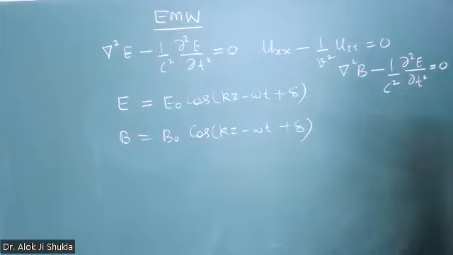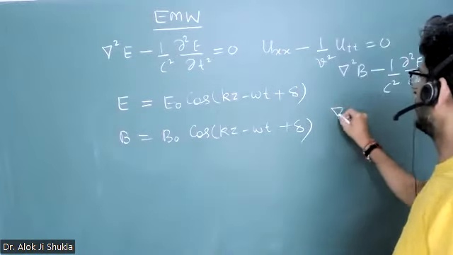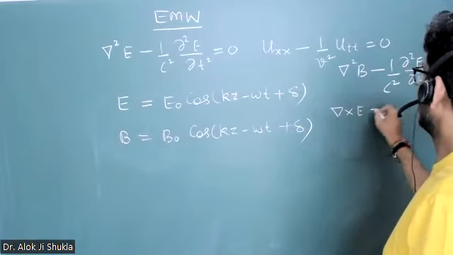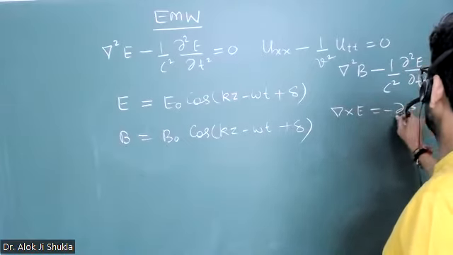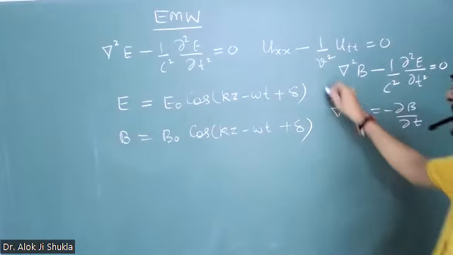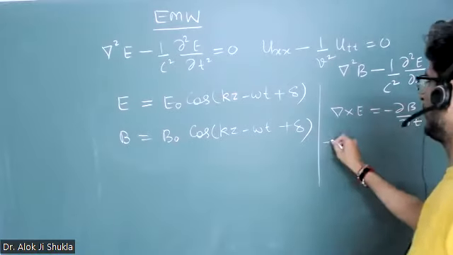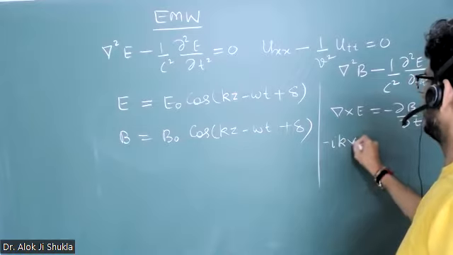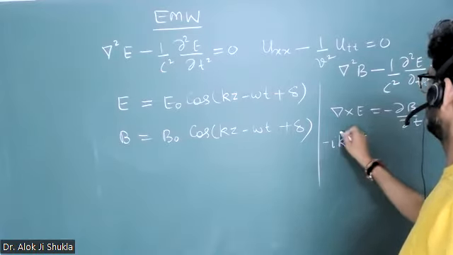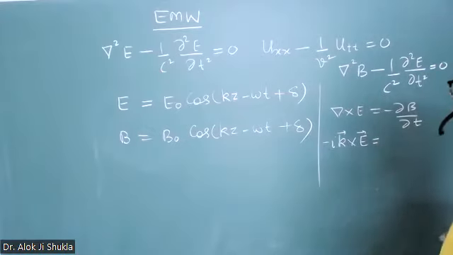Now if you see from the equation, del cross E is equal to minus del B by del t. If I just want to see the directions, just take the Fourier transformation. It will become i k cross E is equal to, what will I get here?